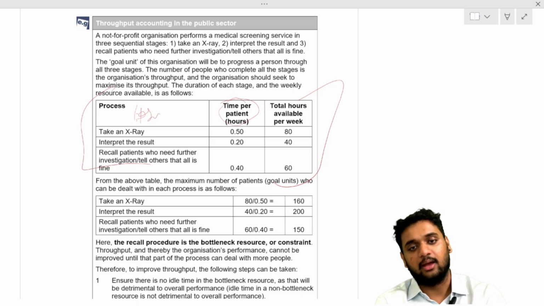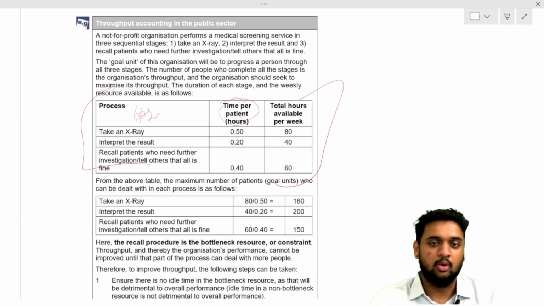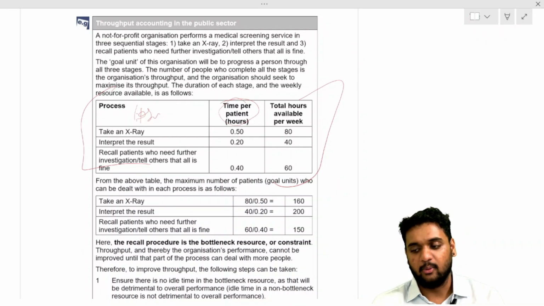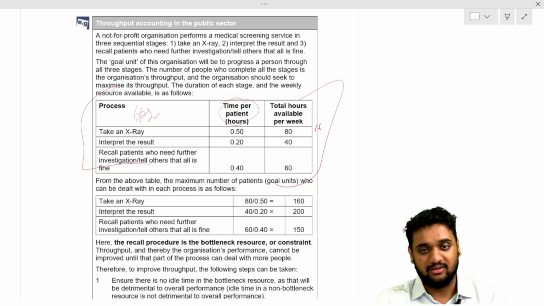To take an X-ray per patient, 0.5 hours is required. What is the total hours available for taking X-rays? 80 hours. So in 0.5 hours we can take 1. In 1 hour we can take 2. 2 into 80, we will get 160. Or we can do 80 divided by 0.5. If you do that, you will get 160 X-rays you can take. Write that inside the side.